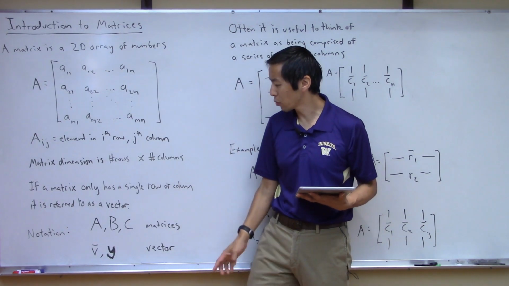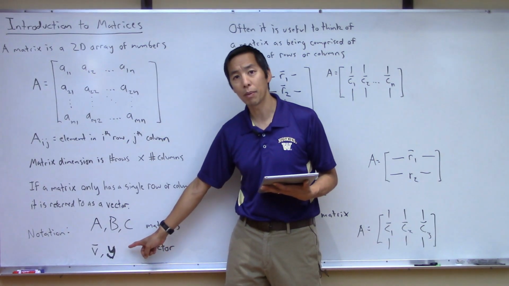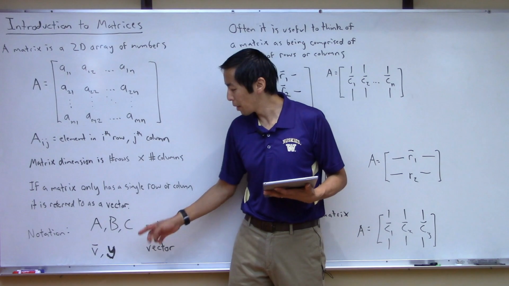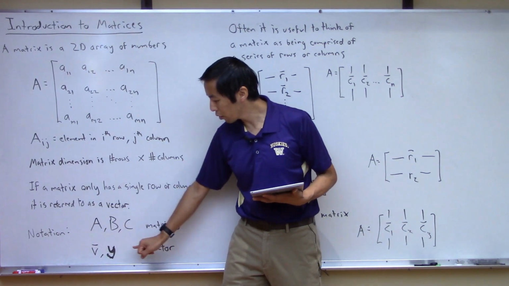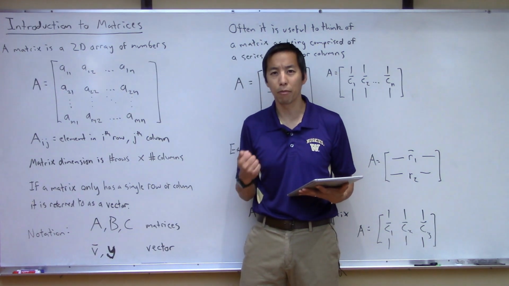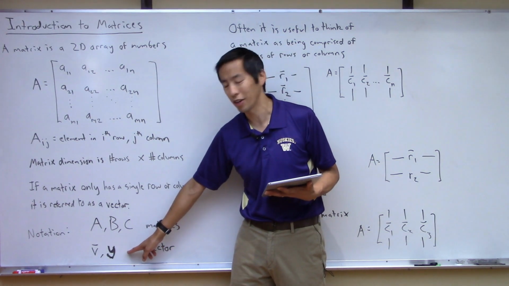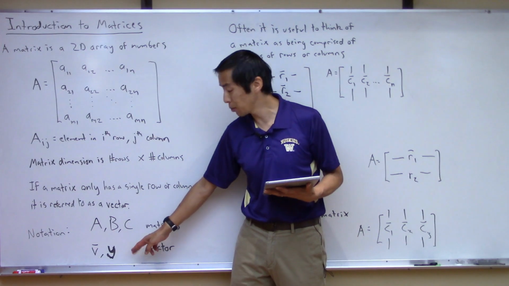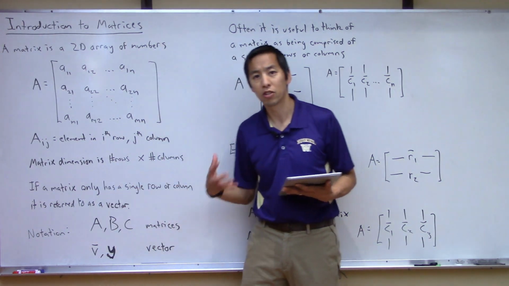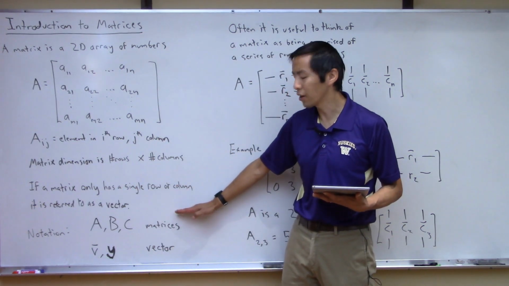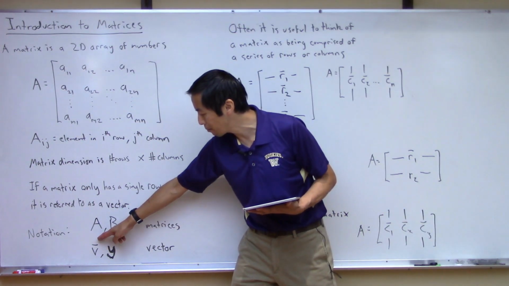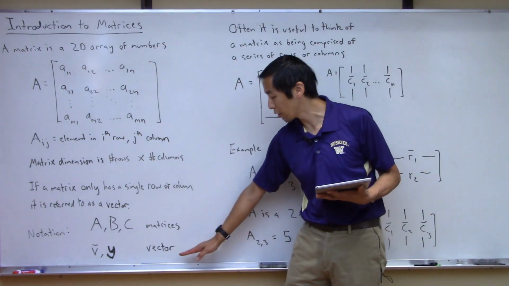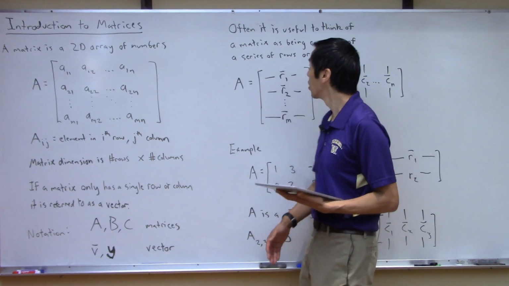If you have a vector, what you'll see a lot of times is people use lowercase letters, but then they'll denote it with a bar on top, or they will write that lowercase letter in boldface. I know it's a little hard to do that on the board, so what I typically do is I use a bar on top to denote a vector. So again, capital letters are usually reserved for matrices. Lowercase letters that are decorated with a bar on top or boldface are used to denote vectors, okay?